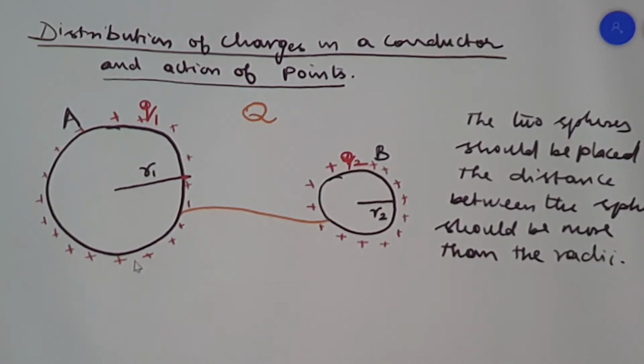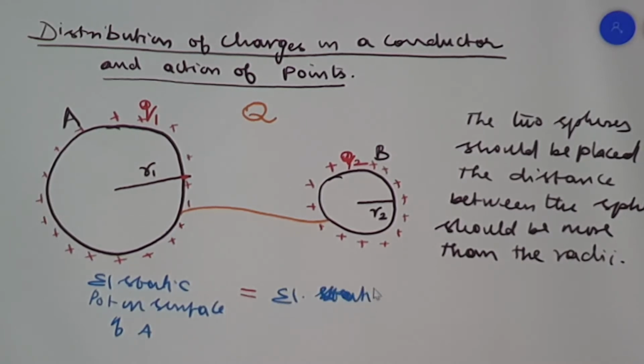Since both the spheres are joined with the help of a thin wire, the electrostatic potential on the surface of A is equal to the electrostatic potential on the surface of B. Let us consider the electrostatic potential on the surface of A as VA, and similarly, the electrostatic potential on the surface of B as VB.